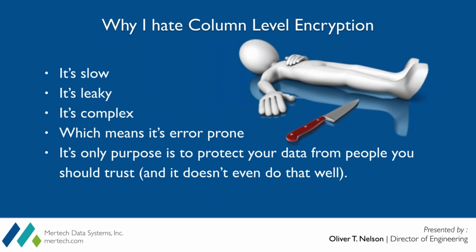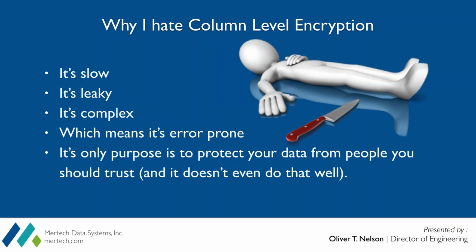When we talk about column level encryption, there are a couple of different solutions out there. We'll go over some of them a little bit later on, but right off the bat, it's slow. It's slower than transparent data encryption. This is really counterintuitive, but the reason that column-based encryption is slower is that it limits the database engine's ability to optimize your queries.